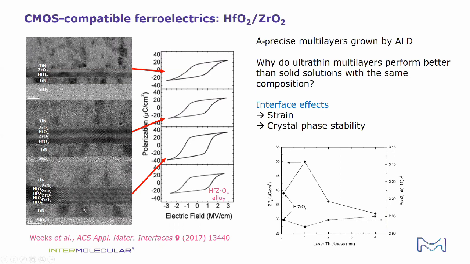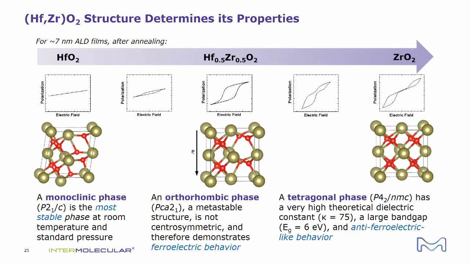Whether it has to do with the way that we have strain fields from the substrate that might be amplified or mitigated by the underlying layer. We know that crystal phase stability is strongly dependent on the thickness of the film, so that could be a contribution as well. But there's still a lot to be learned about how interfaces actually modify the crystal phase stability of hafnium zirconium oxides. And part of that is that it really depends not only on the thickness, but also the chemistry and the stoichiometry of the film.